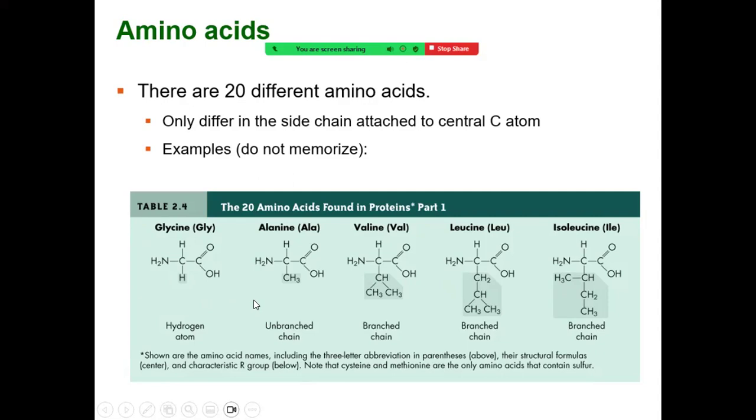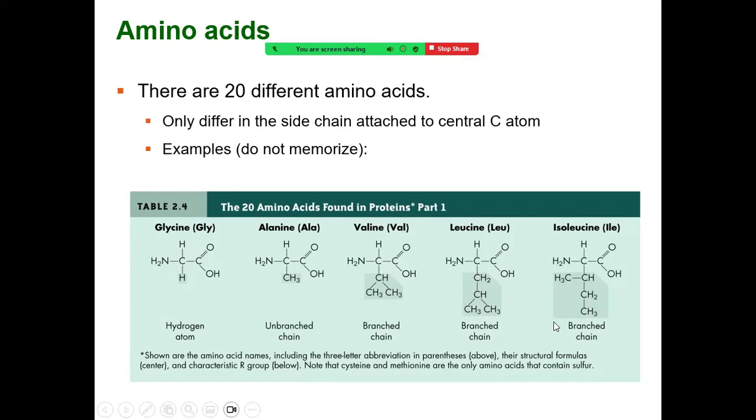Your R group can be nonpolar, like a methyl group here, a branch methyl group here, a branch chain of methyl groups there.